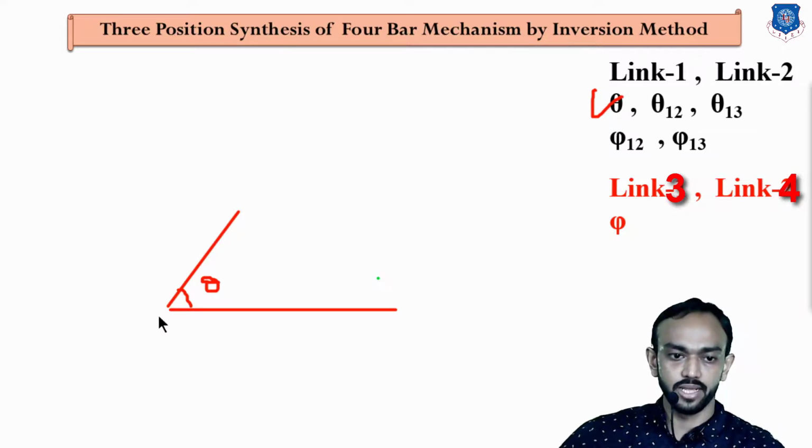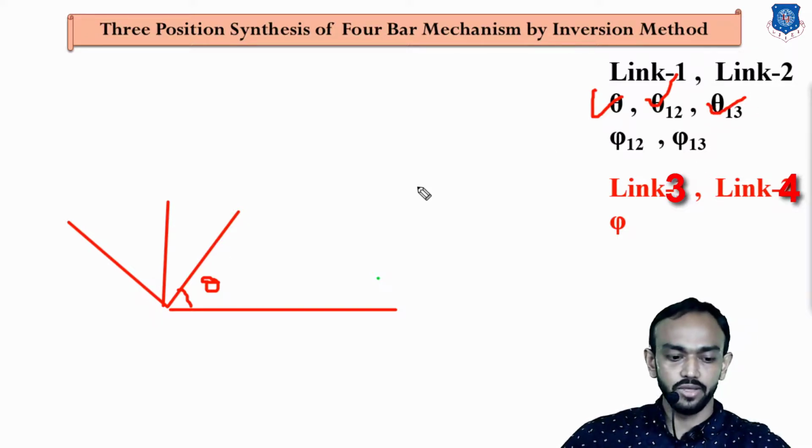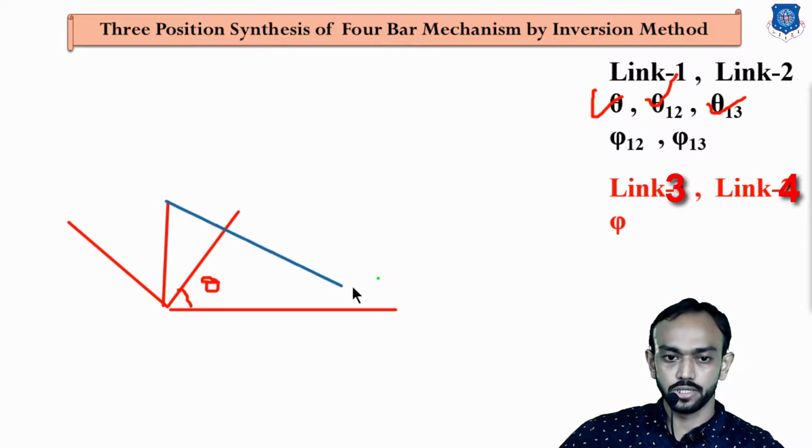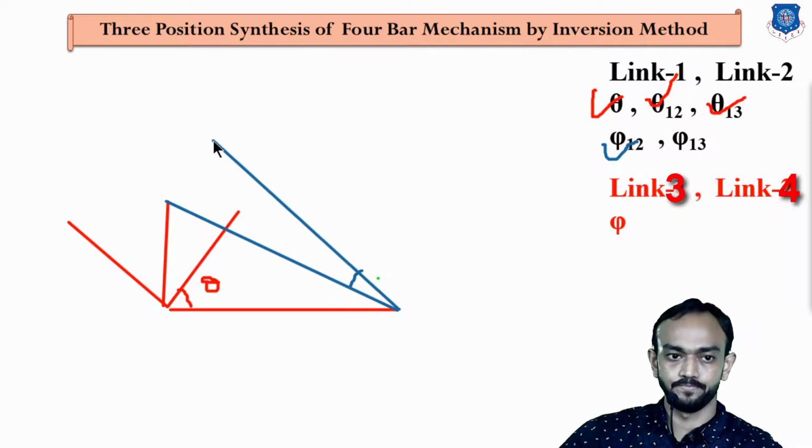After that we make the second line at theta 1 2. Okay, after that the third position, which is at theta 1 3, and after that we are going to connect these lines with what? The end of this point. Check this, we connect the second position here and use this angle. Using this angle we are making the second projection of this line at some angle.